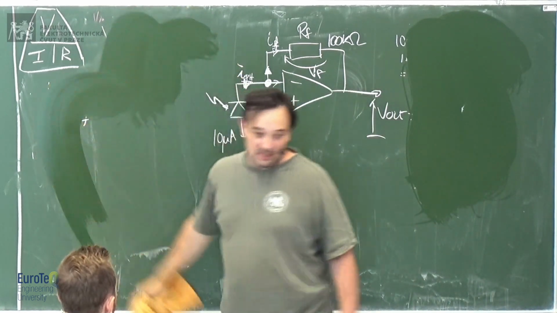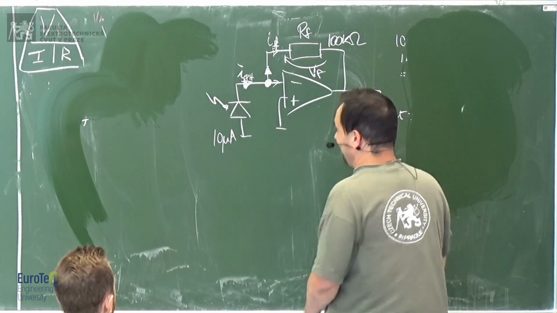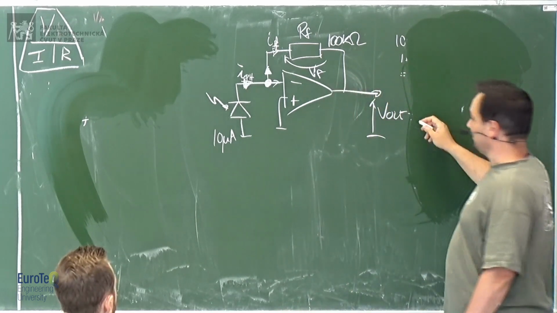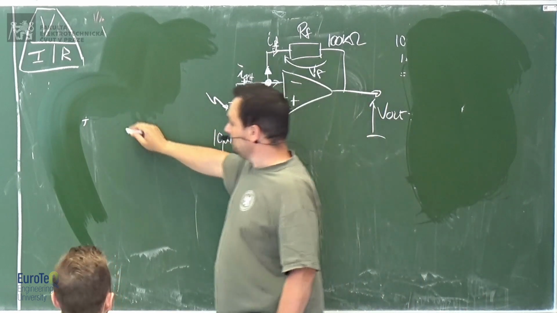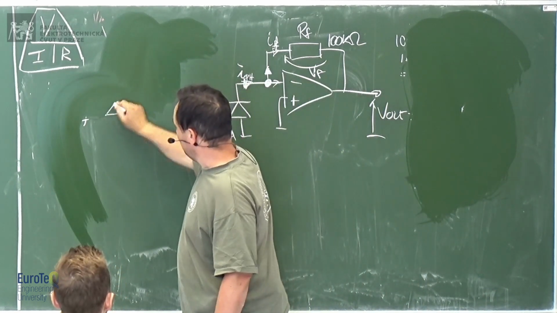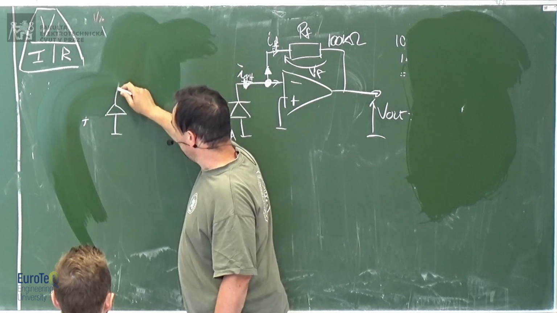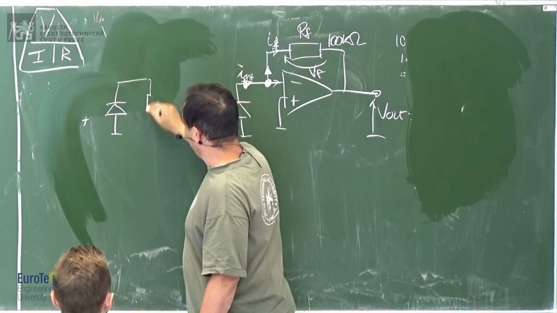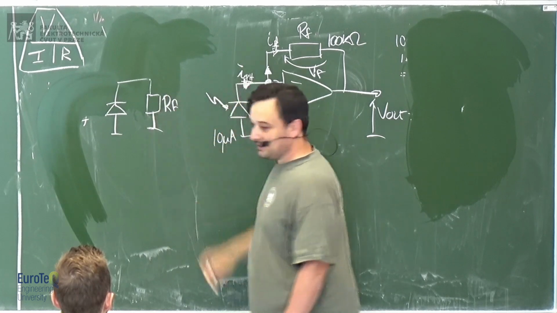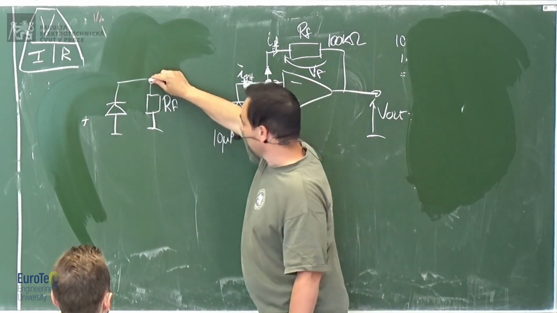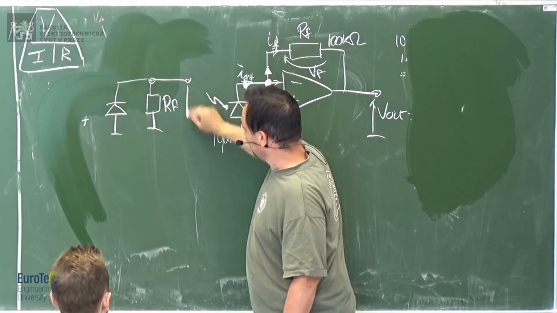Now, what I'm asking you is this. Why don't we simply take this photodiode and connect it directly to this resistor? And then we take the voltage here.